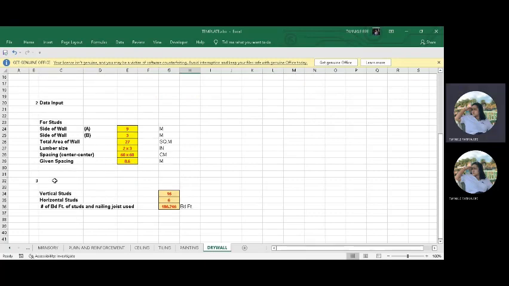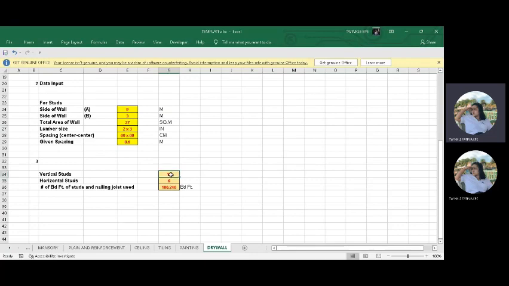So for our result, we have vertical stud is equal to round up side of the wall A over given space, and we have the result of 16.